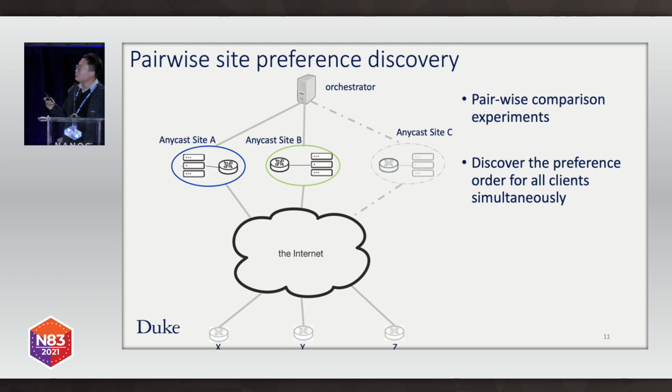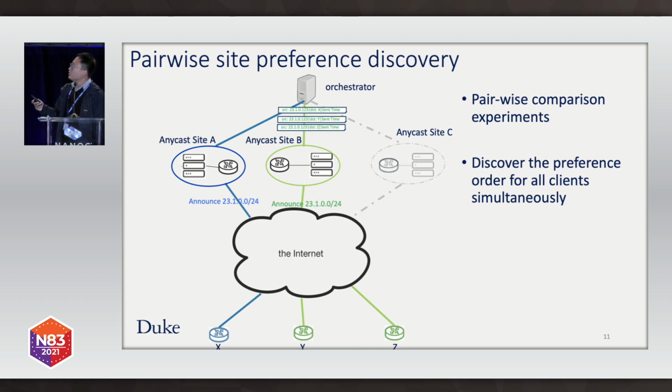We get the total order based on pairwise site comparison results. For the pairwise preference discovery, we announce the same prefix from 2 of the available sites. After BGP has converged, the whole internet is divided into 2 parts, and each part belongs to just one site's catchment. In this graph, we can see client X belongs to Anycast site A's catchment, and the other 2 belong to the other one.